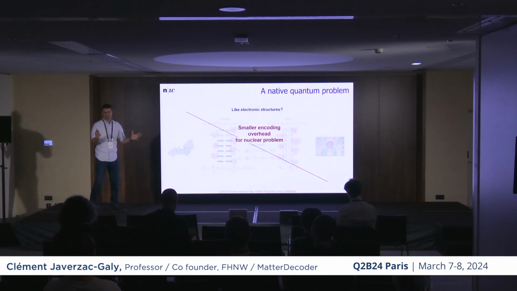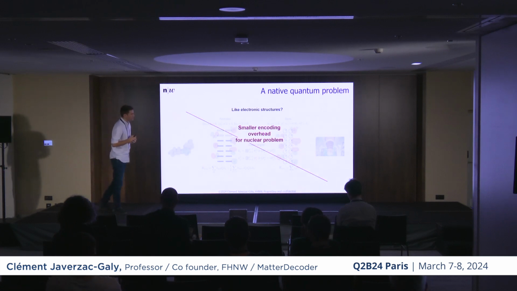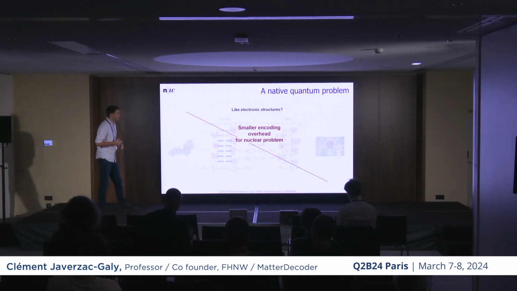We don't have this huge overhead. So, unlike some electronic simulations that are super interesting and useful for quantum applications in chemistry, we don't suffer from this large overhead. It means we can already work on significantly large spin systems with the current NISQ hardware.